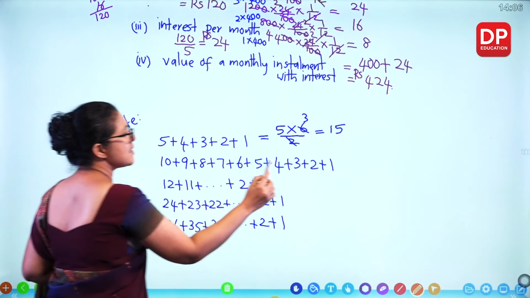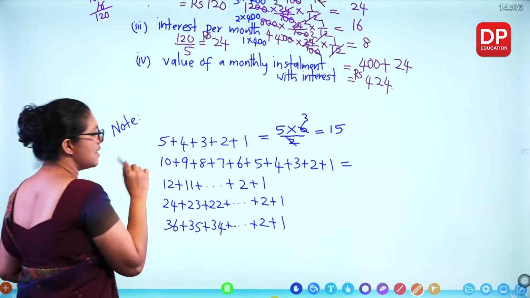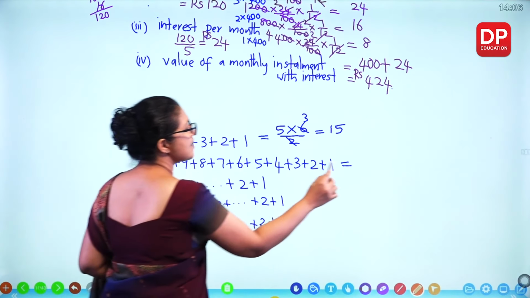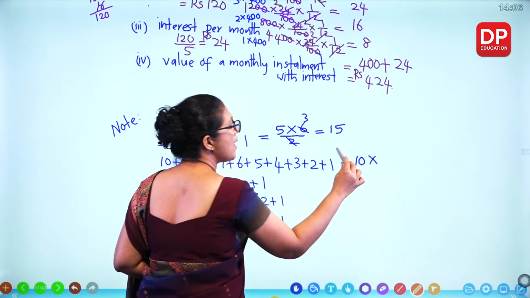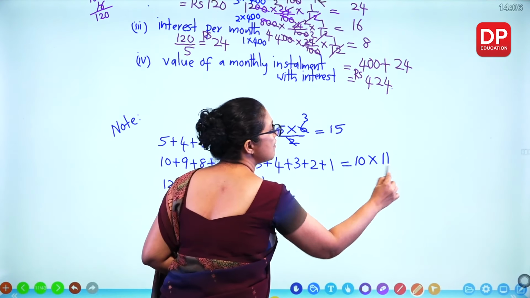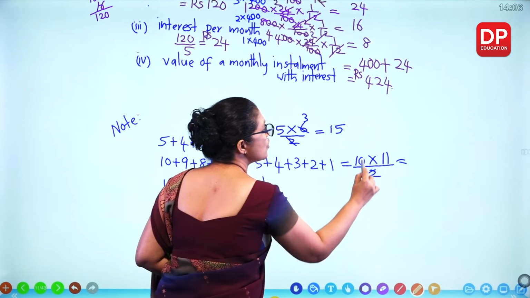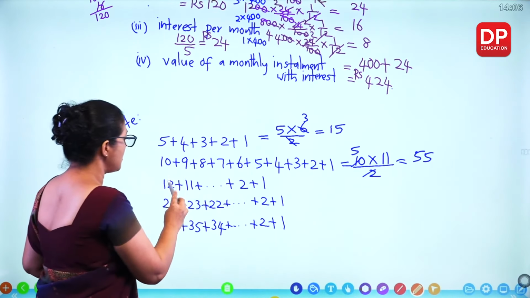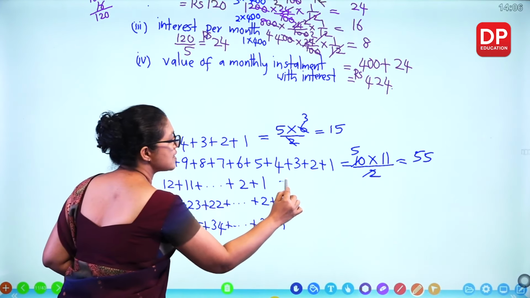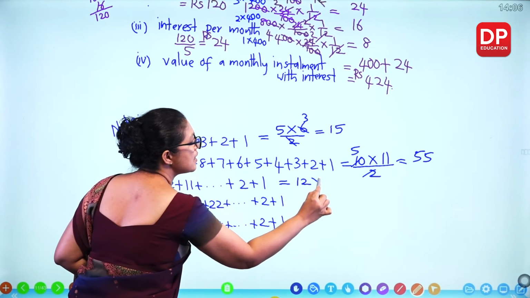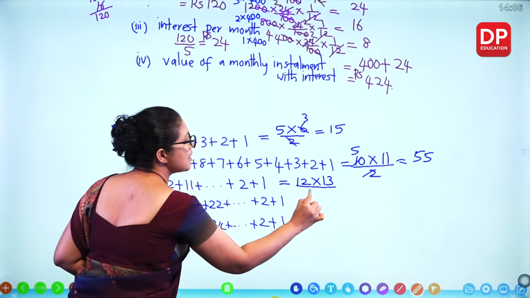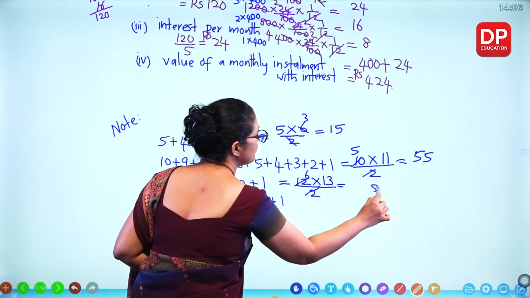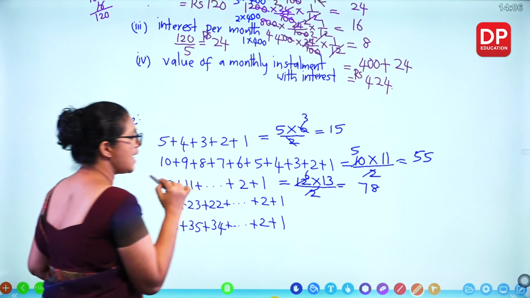So what's the easiest way to find this answer without adding separately? 10 is the highest number. Multiply by the next number, divide by 2. So you get 55. This one starting from 12. What's the answer? 12 times 13, divide by 2. So 78.